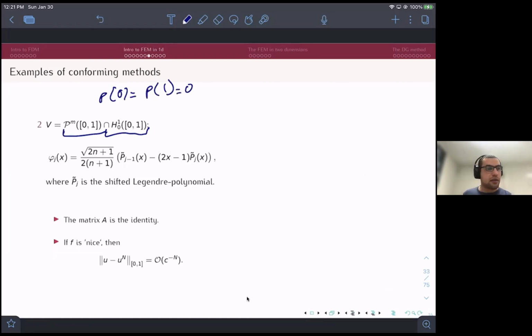A simple basis on this one is the Lobatto basis, which is basically the difference between two shifted Legendre polynomials. If you choose this basis, the matrix A would be the identity again, so you don't have to solve any systems. And if f is nice, and by nice I mean smooth, and the derivatives don't grow exponentially like something that you would see in the Runge phenomenon, then you would expect exponential decay, which is very nice.